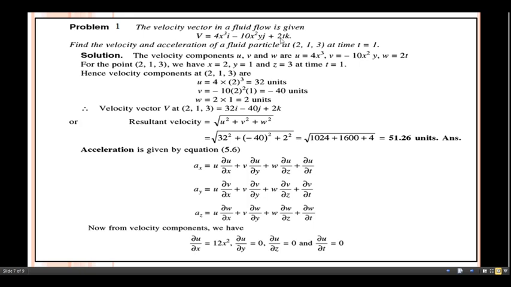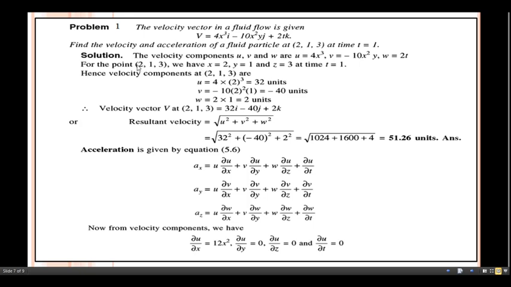This is the original form. If we compare, u is 4x cube. Similarly the v term is minus 10x square y. Similarly for w, we get 2t. In this way we get the u, v and w terms.